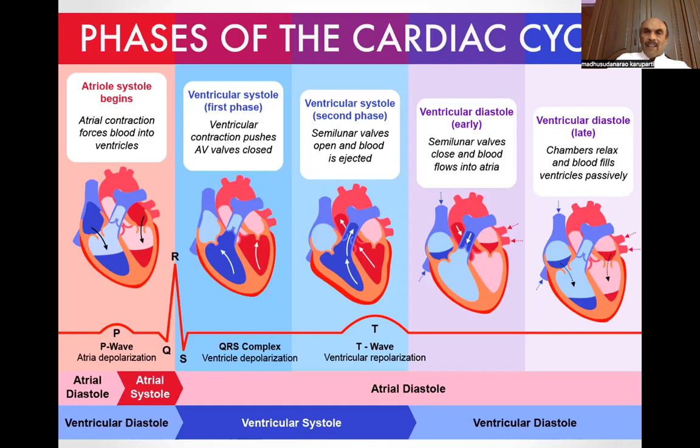That means in this phase, the semilunar valves are closed, the atria get filled up, and the AV valves are about to open. This is called the isometric relaxation phase.